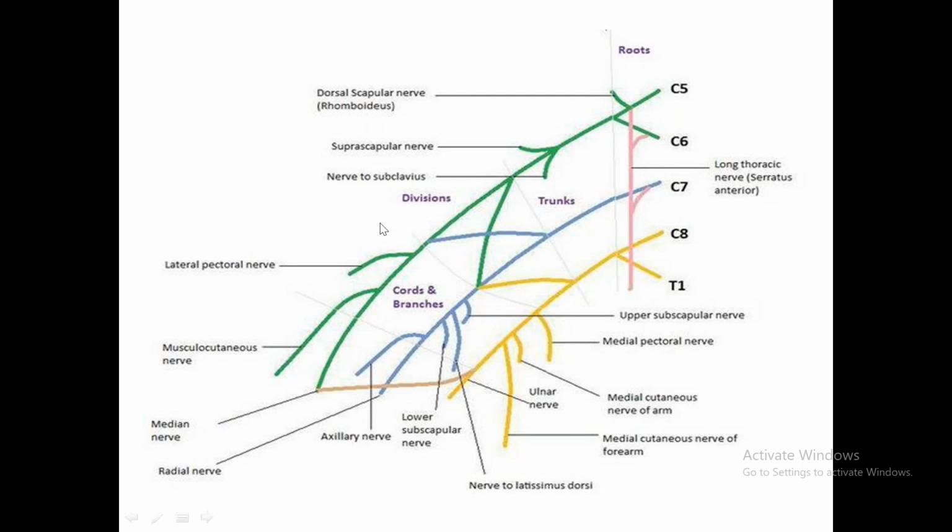These are the important nerves which may arise from the brachial plexus. You must know the names of the nerves which arise from the three cords of the brachial plexus. In your written exam, this is an important question. Draw and label the brachial plexus.